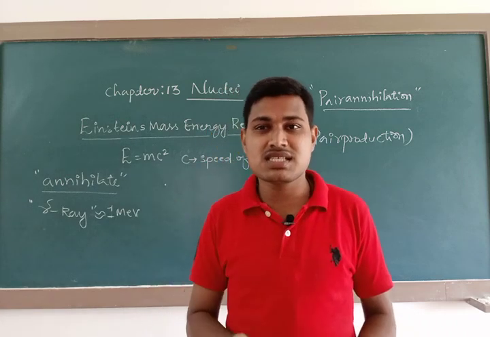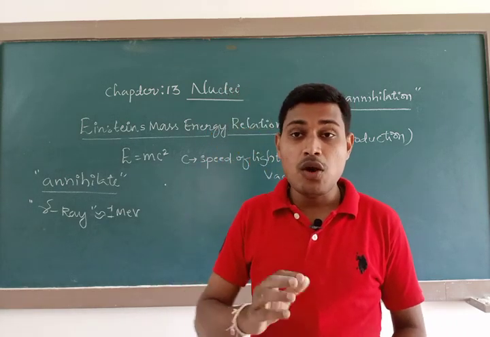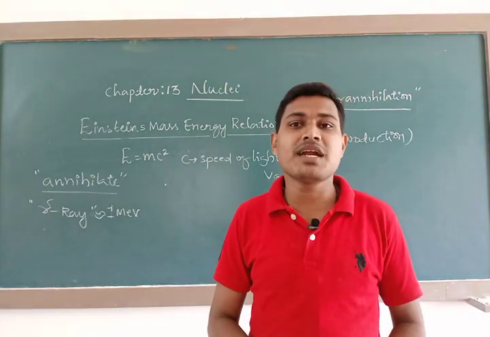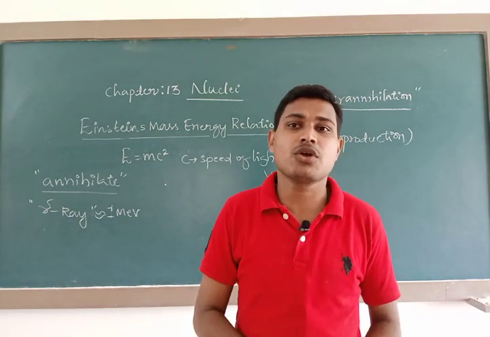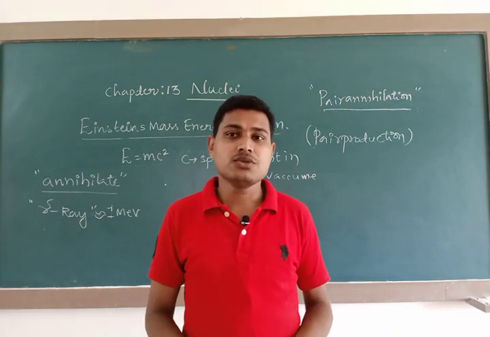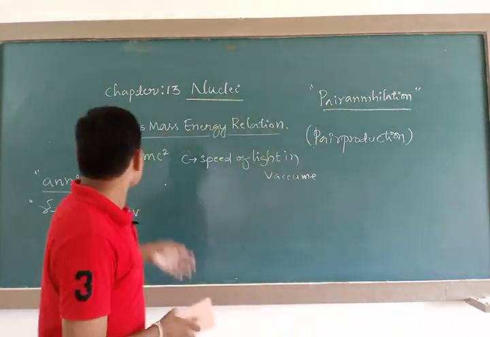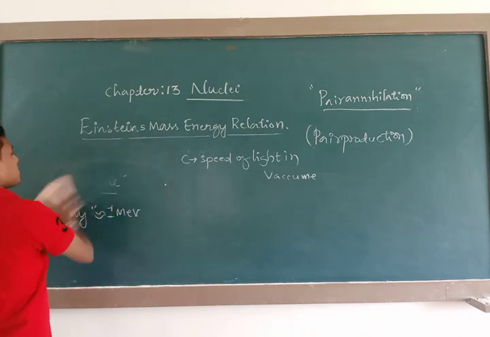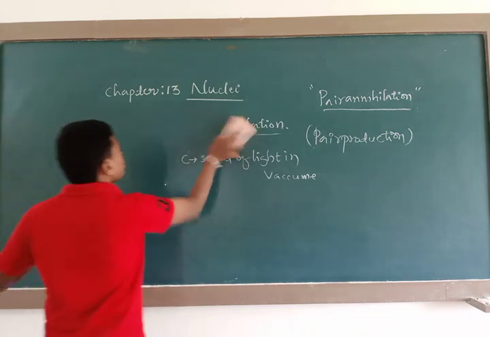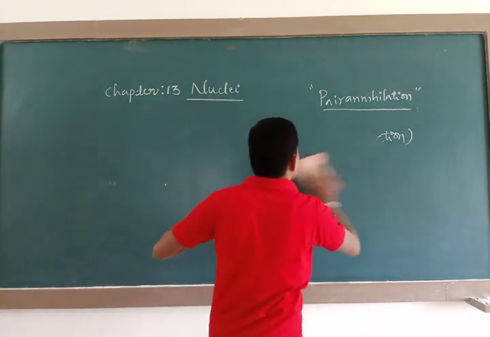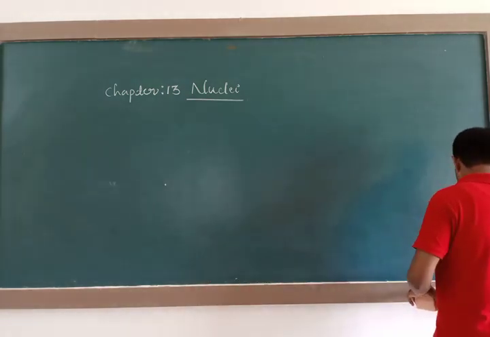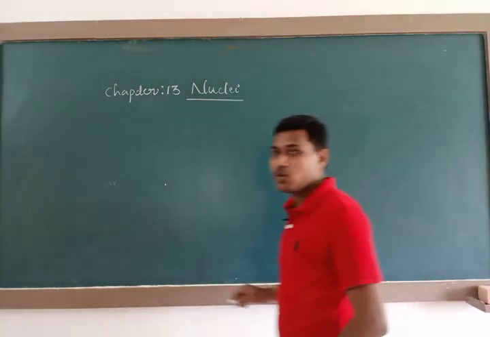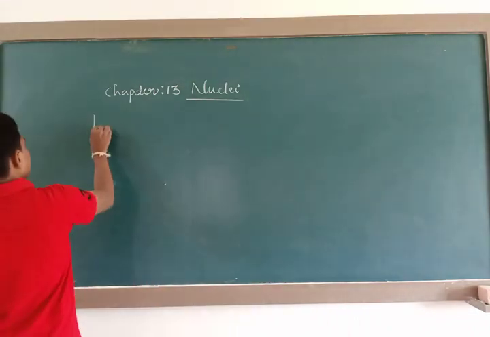Suppose if such a mass is subjected to energy conversion, what will be the energy emitted by the mass of a proton or mass of a neutron? That we are going to discuss in the next concept, energy equivalent to one atomic mass unit. It means how much energy is associated with one atomic mass unit.